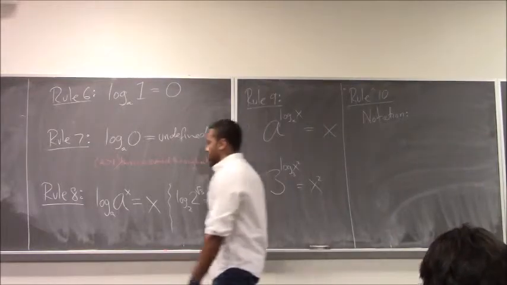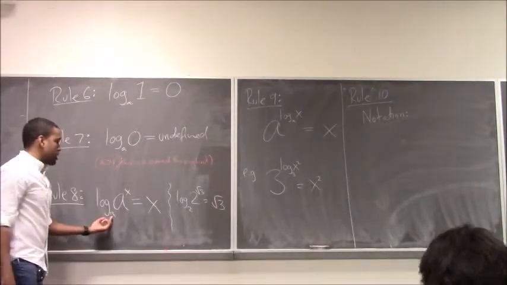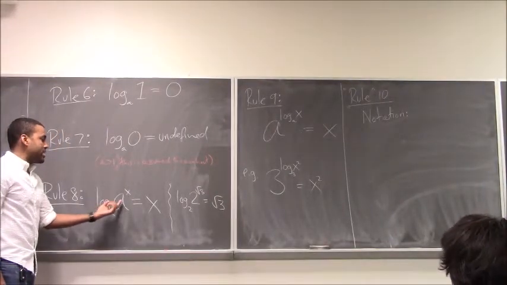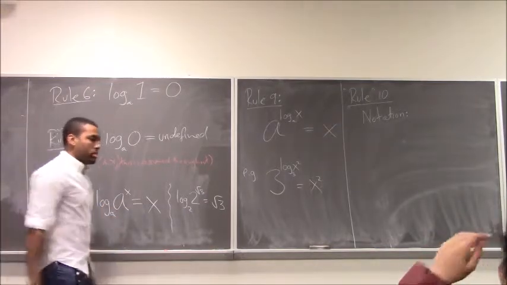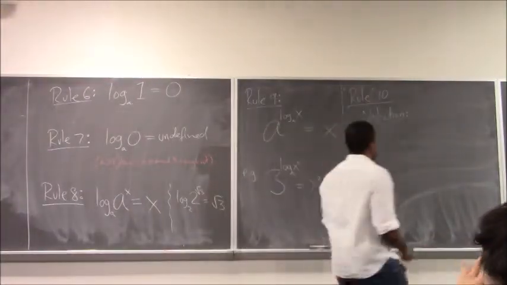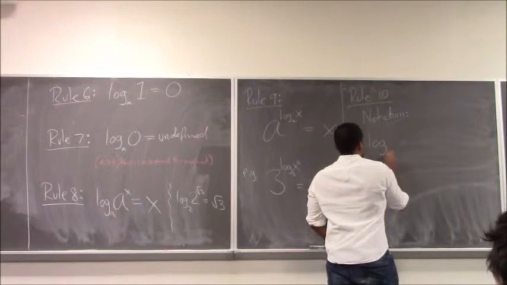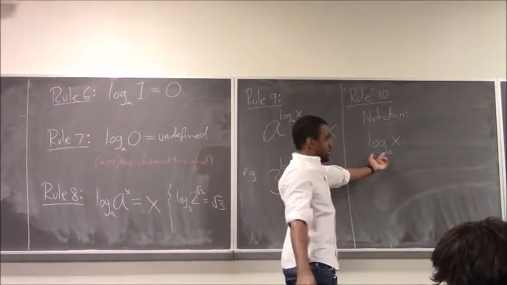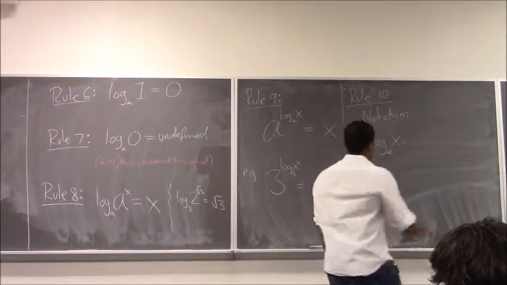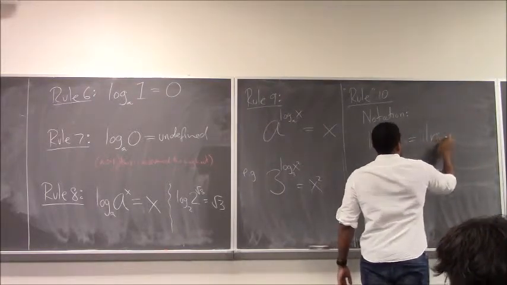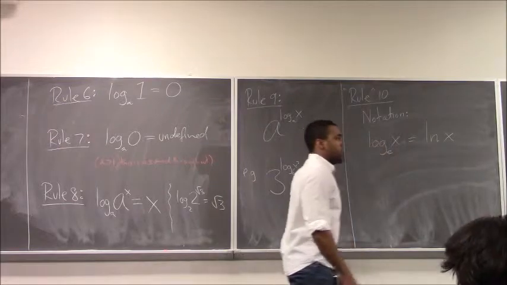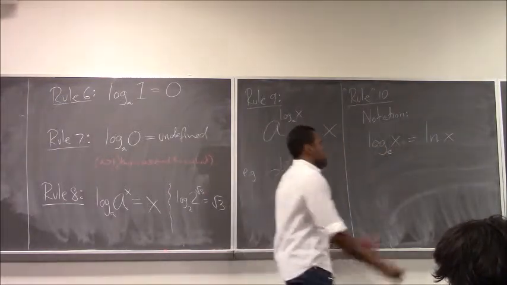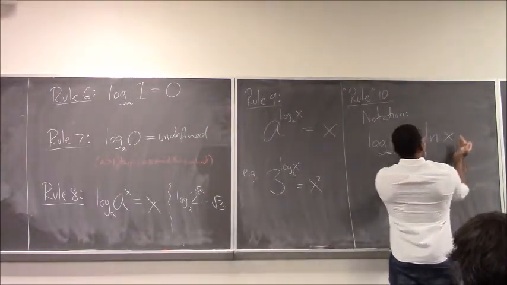So it stands to reason that when the base is e, we want to emphasize that somehow. And we do. So when you see log to the base e of something, which you'll never see because I'll never actually write that, we will denote that as ln. If you see this, it means the base is e.